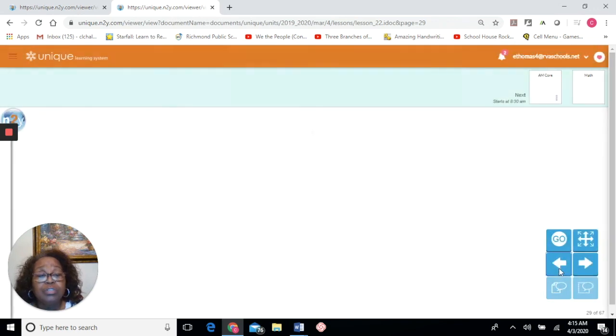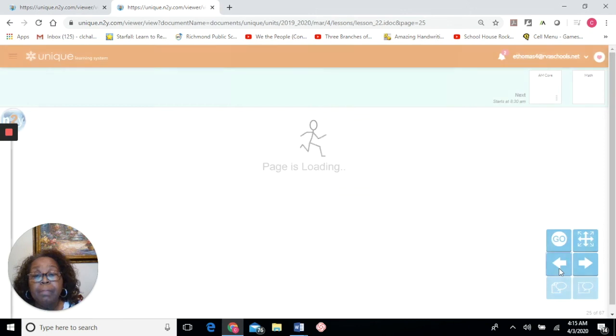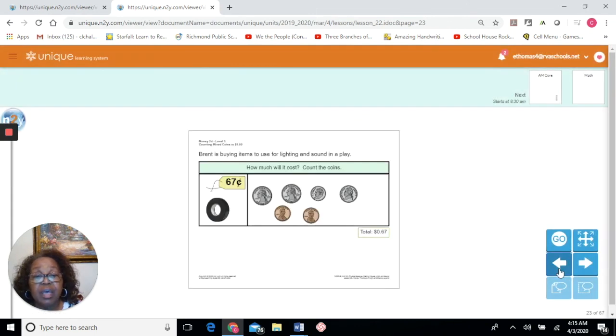Excellent. We also learned about the cent sign. Here we have the cent sign. Please notice, we're using the cent sign. We do not have any whole dollars. None. Therefore, we're not using the decimal point. If you use the cent sign, you do not have to use the decimal point.